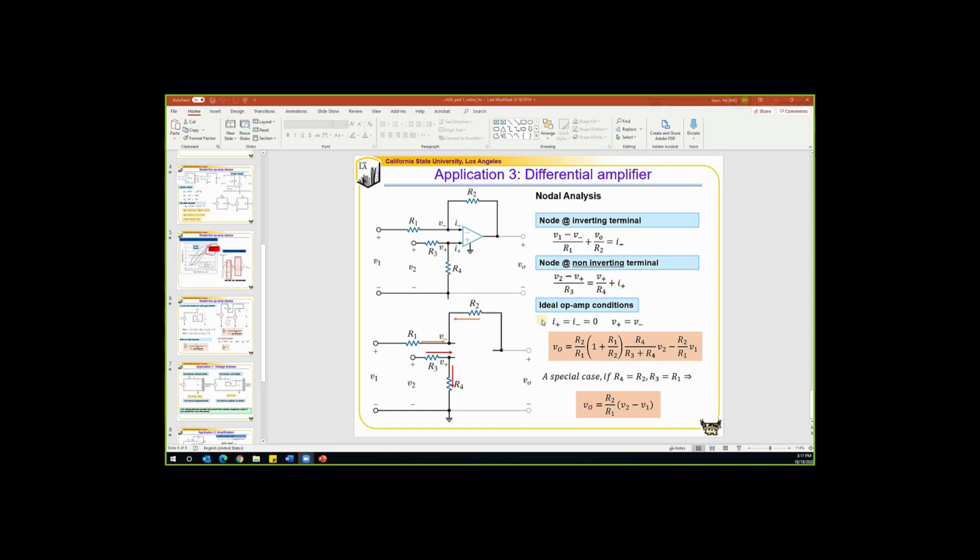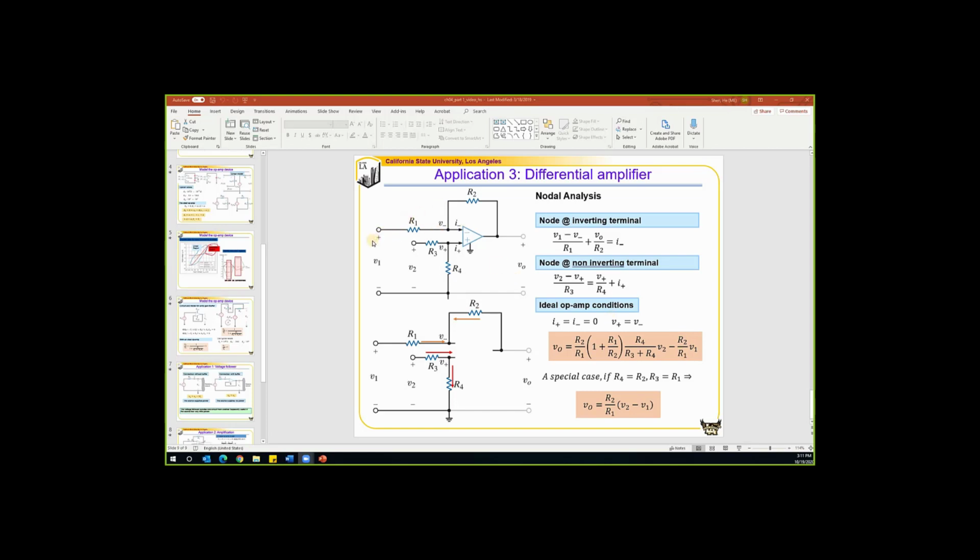Combining these two nodal equations with the conclusions from the ideal op-amp model, we will be able to find the output and input relationship. If we look closely, we notice that VO is a linear combination of V1 and V2. The coefficient of V1 is a negative number, and this depends on the ratio of R2 to R1.